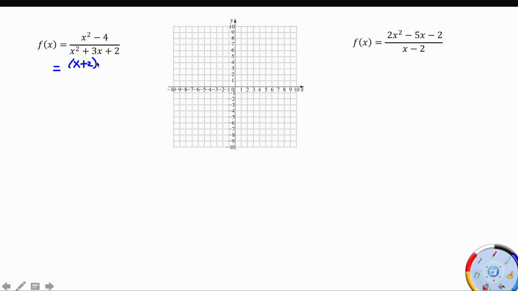So x plus 2, x minus 2 over x plus 2, x plus 1. Oh, yes, this simplifies to the function x minus 2 over x plus 1.